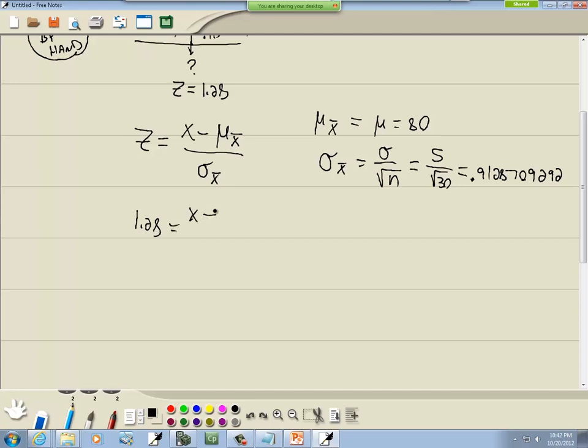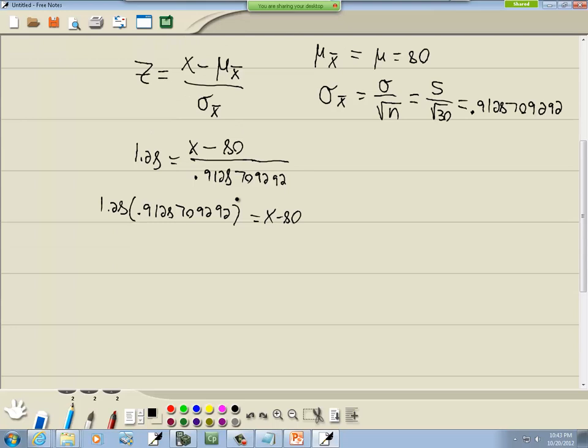X is what we're trying to find, minus mu sub x bar, which is 80, over this mess, 0.9128709292. Now we're going to multiply both sides by that. So I got 1.28 times 0.9128709292 equals x minus 80.